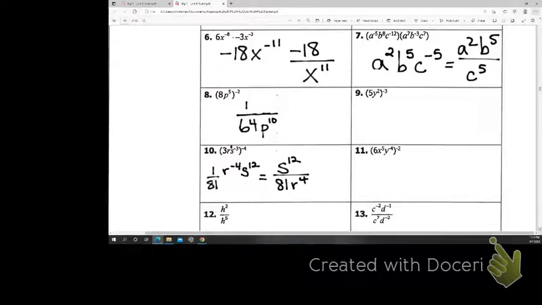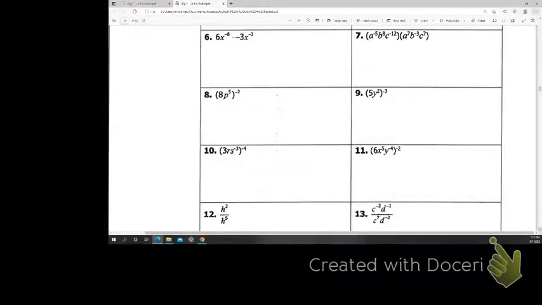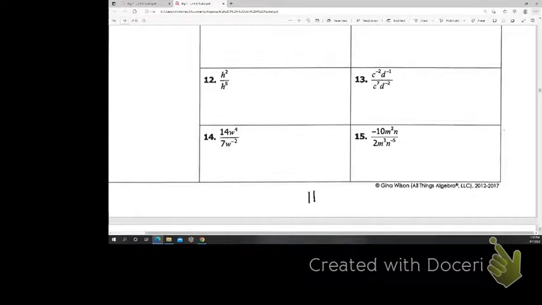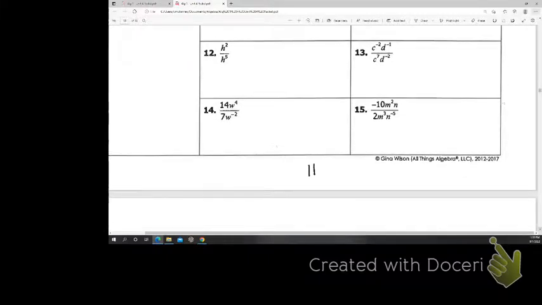Let's look down at starting with 12 there. So 12, there's more than one way to do this, but I will tell you that if I see a problem like this, I never write a negative. I just look at it. This is where there's a war going on, top and bottom. Where is there the higher power of h?